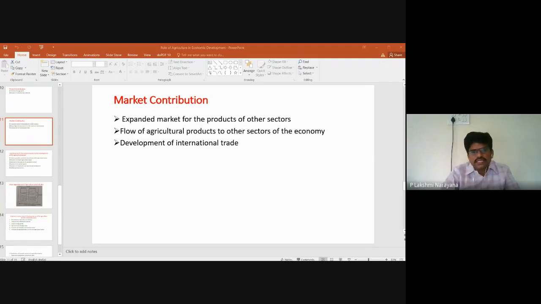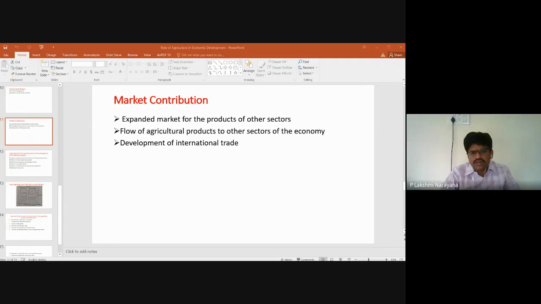However, any sector for its development requires not only the inputs necessary for production but also a wide market for its growing products. A growing agriculture sector provides an expanding market for the products of the other sectors in the initial stages of development of the economy.